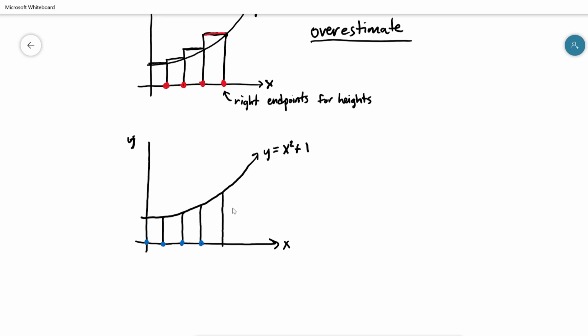And that will give me a height that looks like that, that, that, and that. Those are the rectangles that I would use to sum up, to approximate the height. So these are all of the left endpoints.